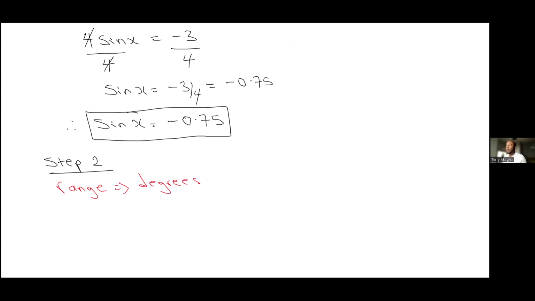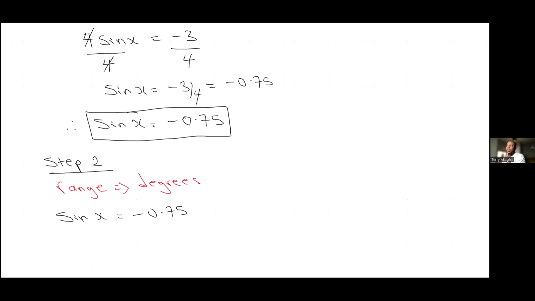Now let's move on. So we now have sine x is equal to minus 0.75. Or you can say sine x is minus 3 over 4. So it depends. The best thing that I always tell students, I prefer to make sure it's in fractions rather than in decimals.